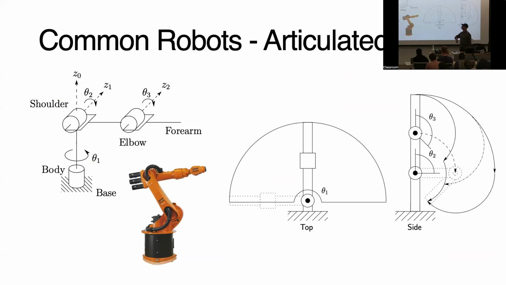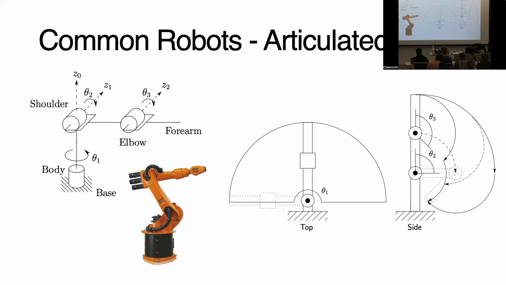All right, so here are some common arms. Once you stack up revolute or prismatic joints, you can design a bunch of different styles of arms. A very common robot is the articulated robot. If you just look at the base, ignoring what happens at the wrist and the gripper, we have 3 degrees of freedom that allow us to position our wrist anywhere in space.